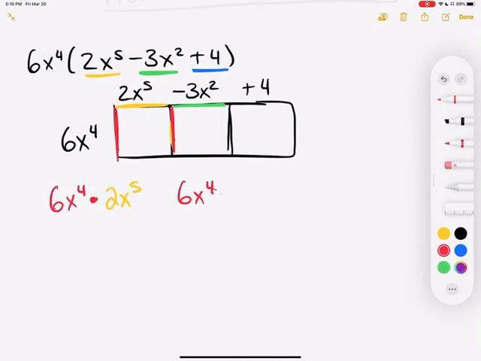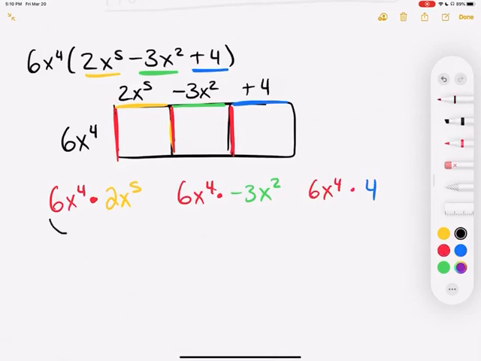And for the last one, there's going to be the height, which is also 6x to the power of 4, multiplied times the length, which is 4. I'm going to use those 3 different multiplications.